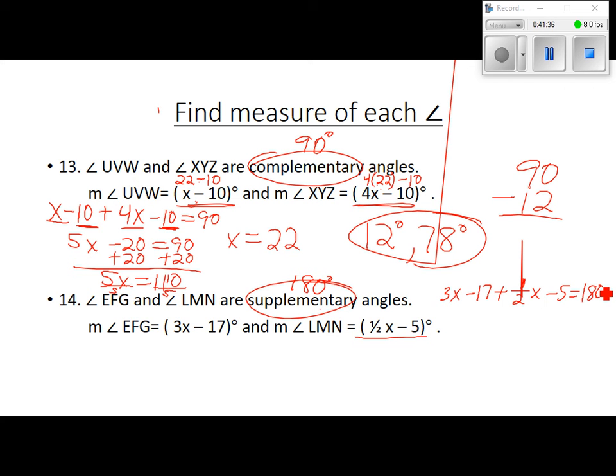Maybe the easiest thing to do here, you could multiply this whole equation by 2 to get rid of the fraction, but since it's just 1/2, I would probably just leave it that way or change it to a decimal, 0.5.